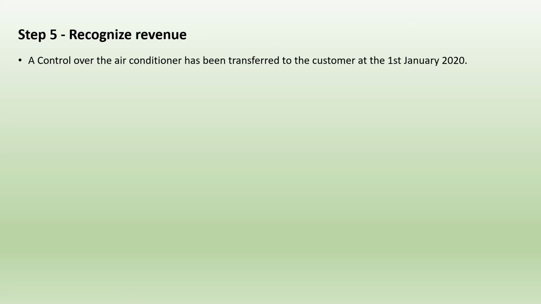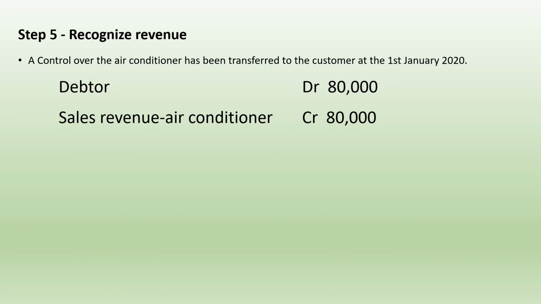So, the allocated transaction price of the air conditioner, which means 80,000 rupees, should be recognized as revenue at the inception. Therefore, the double entry would be: we have to debit the debtor by 80,000 rupees as well as credit the sales revenue of the air conditioner by 80,000 rupees.